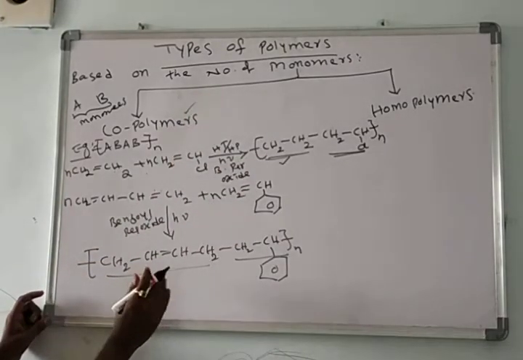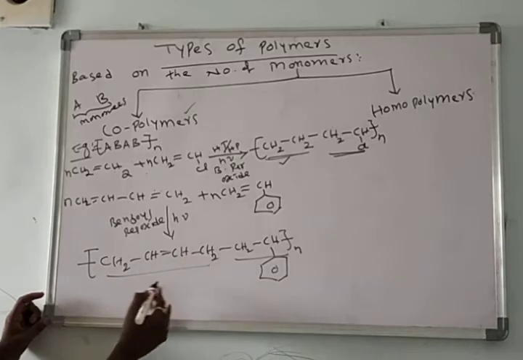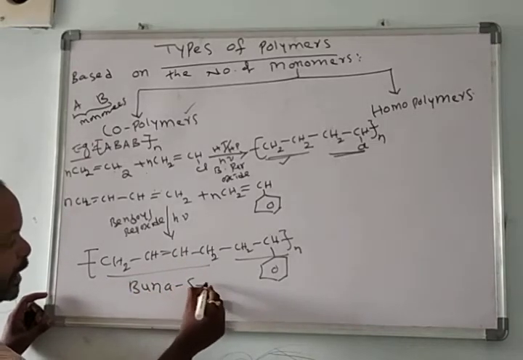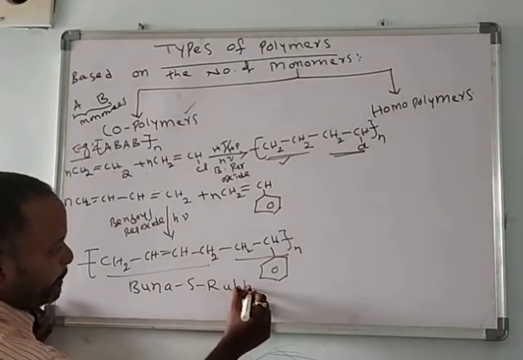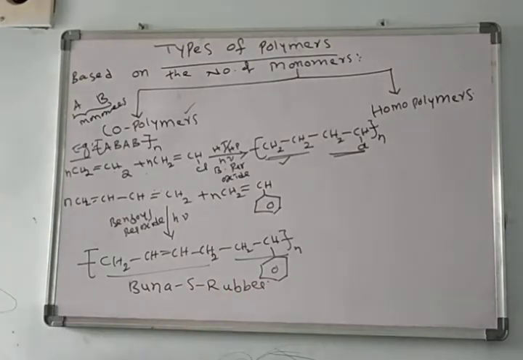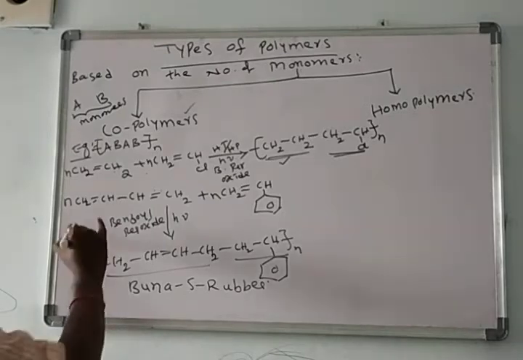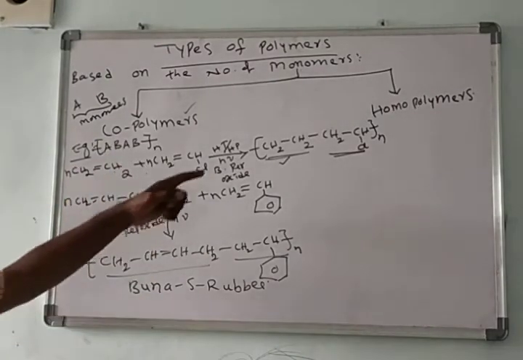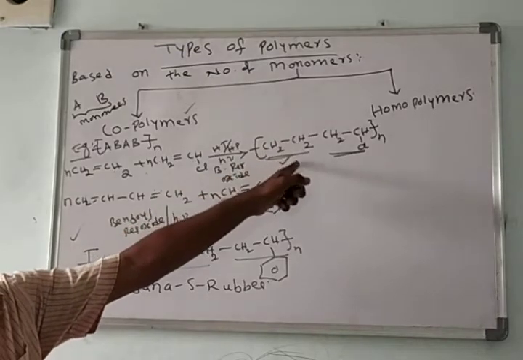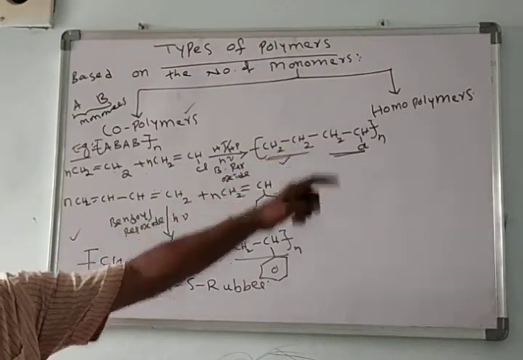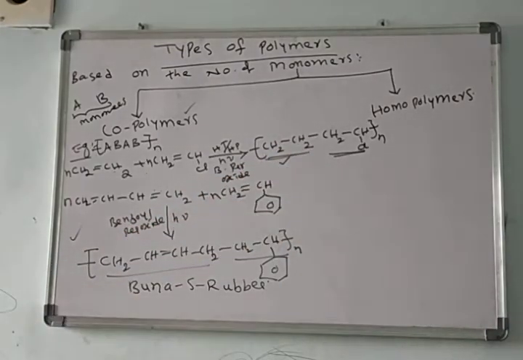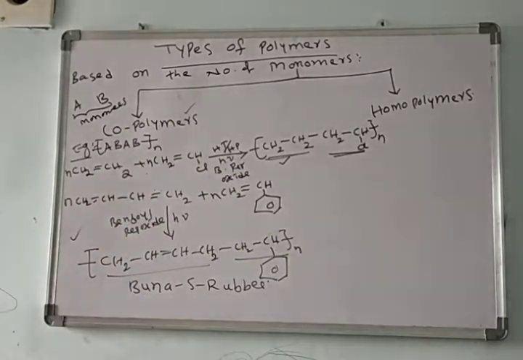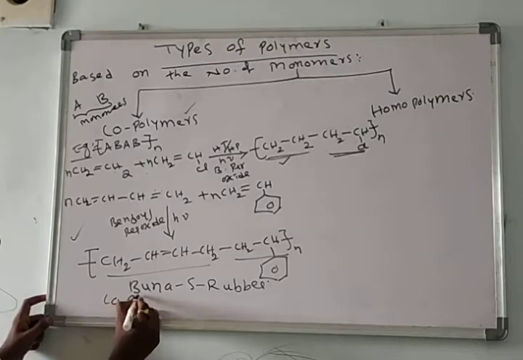This is the 1,3-butadiene styrene polymer, or simply Buna S rubber. We'll see the mechanism for the polymerization of this, and of ethylene and vinyl chloride, later. The conversion of monomer into copolymer we call copolymerization.